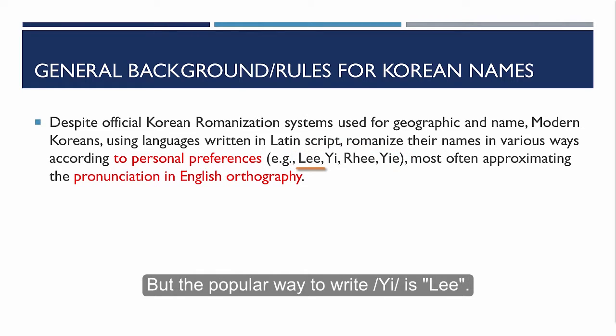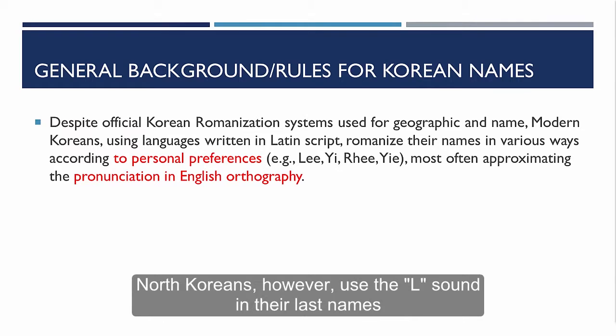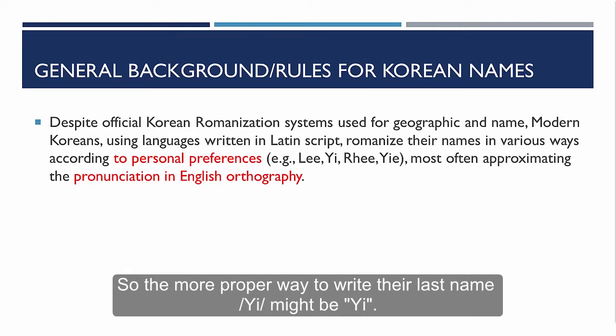The popular way to write E is L-E-E. But some people want to write Y-I, because in Korean, the first sound of E never has an L sound. North Korea, however, uses the L sound in their last names. So a more proper way to write the last name E might be Y-I.